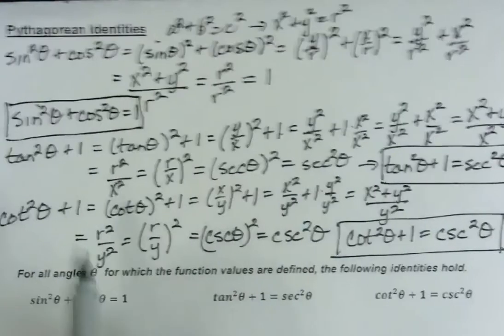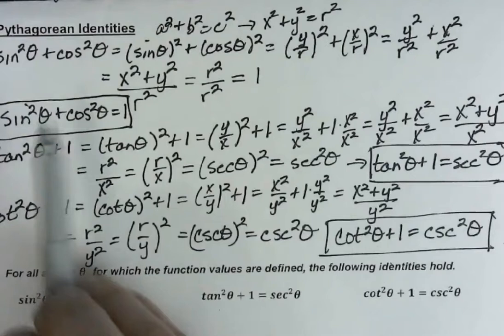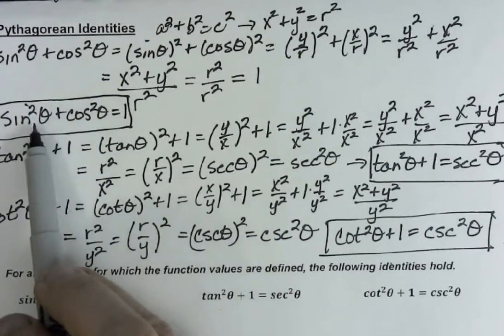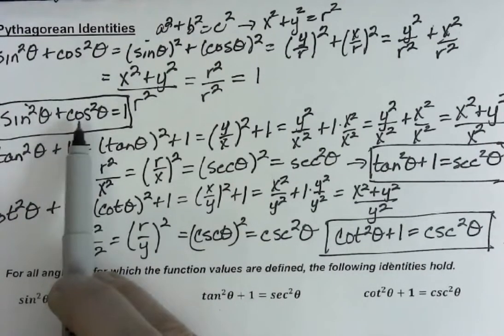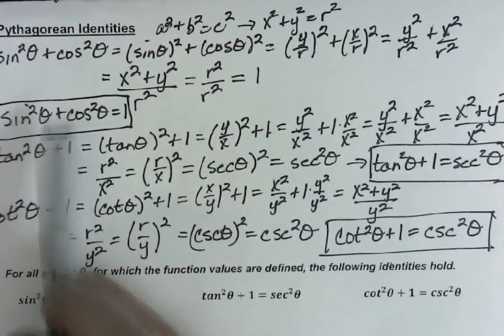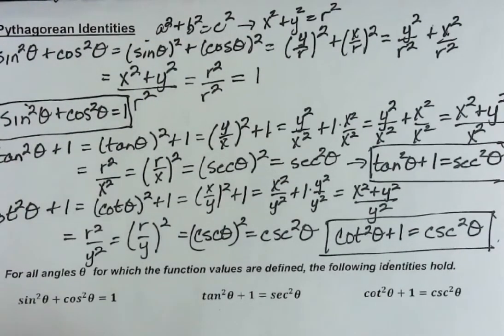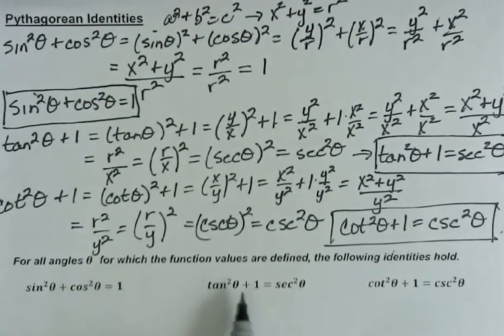So we have three Pythagorean identities. Of the three, the one that I want you to remember when you get out of this class, if you don't remember anything else, is this first one. Sine squared plus cosine squared equals 1. And here are the three identities written out for you down here.